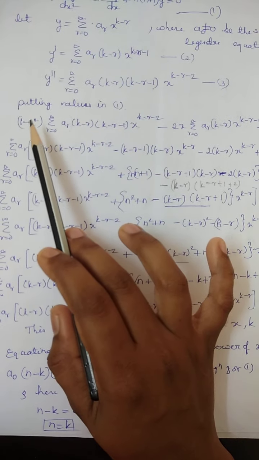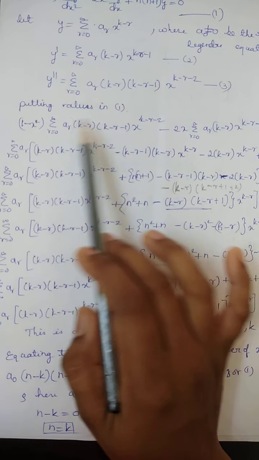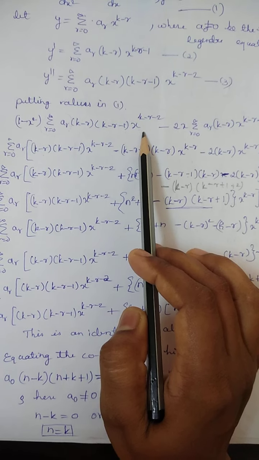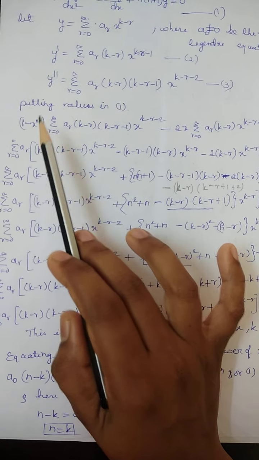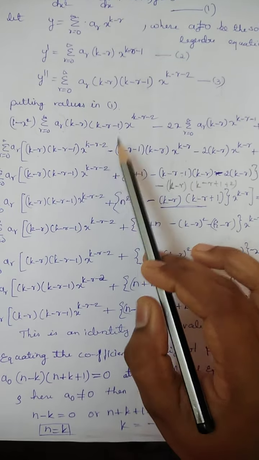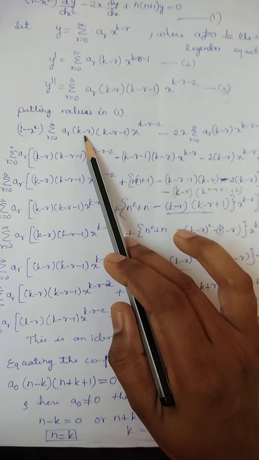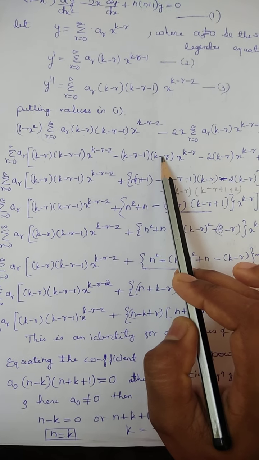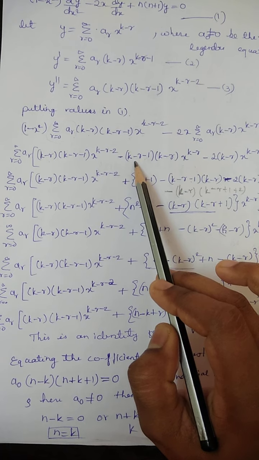Now let us multiply minus x squared to this term. Minus x squared is there, so minus of (k minus r)(k minus r minus 1), which I have written first.